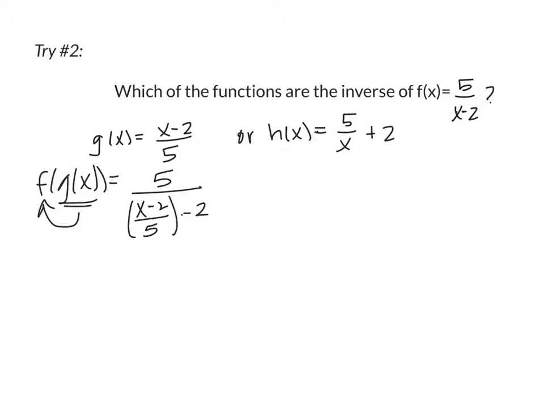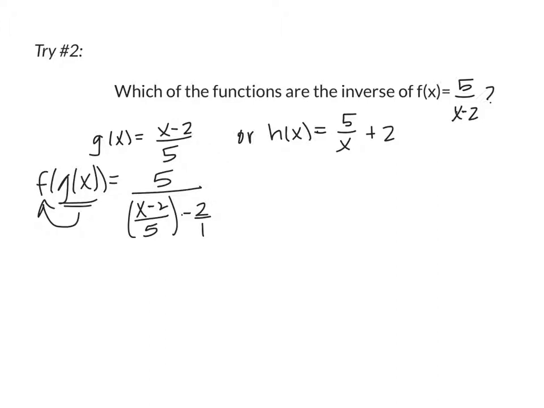Essentially, if I get a common denominator with the 1 and the 5, I have to multiply this by 5 over 5. Let me use a different color.